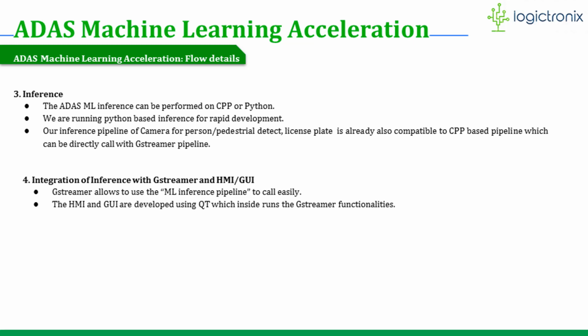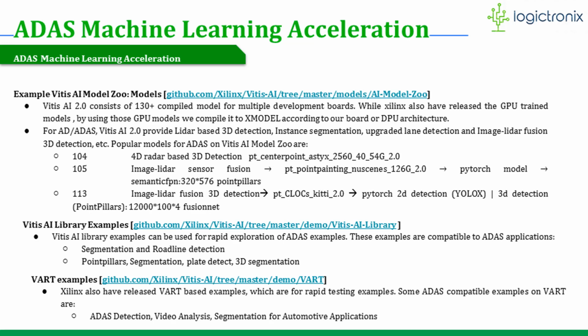We will also be showing you the LogicTronix ADAS 1.0 reference design, which we have also included the UI in. The UI is mainly for a flat panel display based user interface, so that the driver can get information about what's going on, and whether any vehicle behind or in front, or any pedestrian, is detected, or any alarm is generated by the ultrasound sensor, or any information generated by other LiDAR or radar sensors, can be presented on the HMI or GUI. So this is mainly for assisting the driver. This is the machine learning acceleration side.